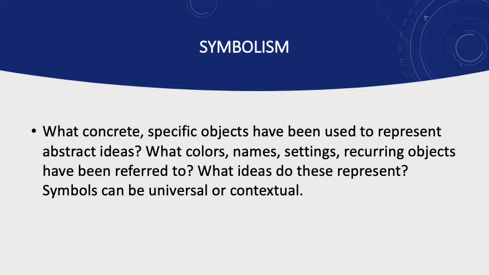It means something you can perceive with your five senses: sight, sound, taste, touch, smell. Abstract is something that you cannot perceive with your five senses, so it doesn't exist in the physical world. These are things like feelings or ideas. So a symbol is some tangible object that represents something abstract.